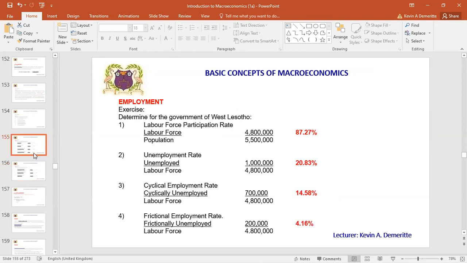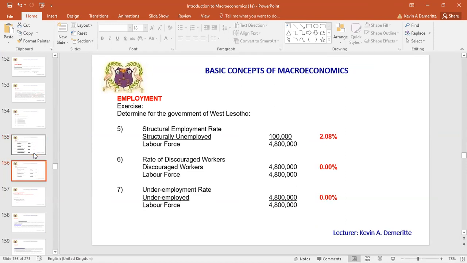So let's find out where we did the rounding. Okay, let's go back then. All right, 100,000 divided by 4,800,000. Go to 4 decimal places. I get 0.0208.